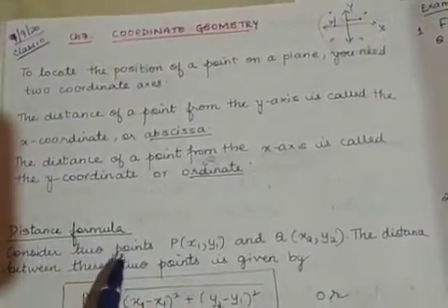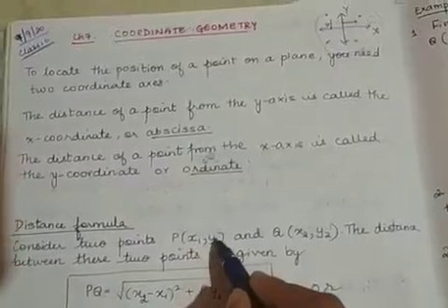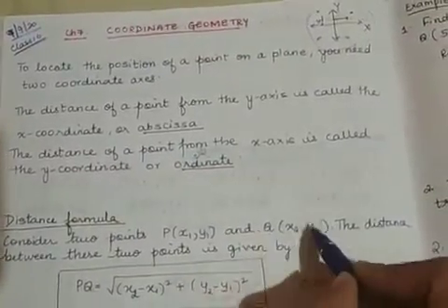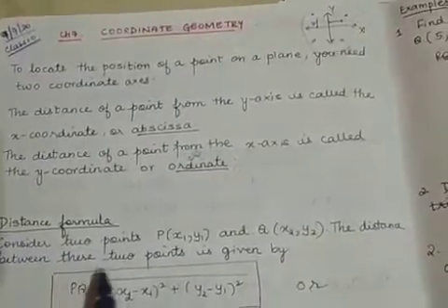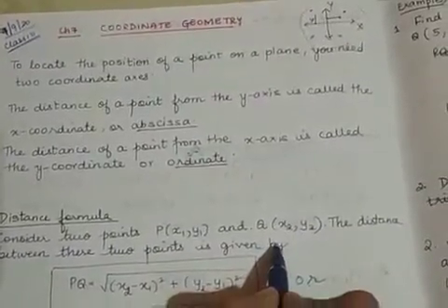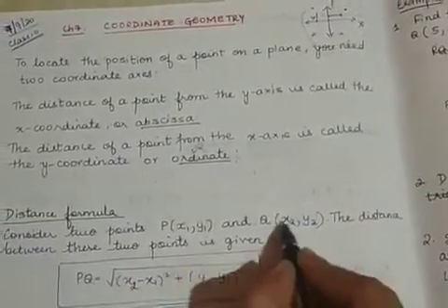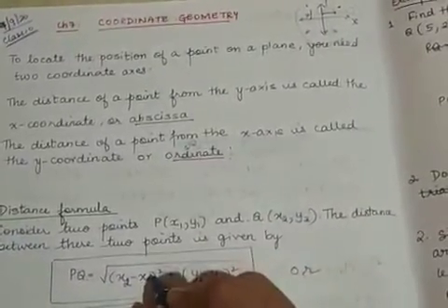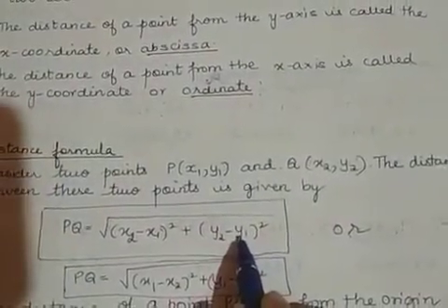Now let us consider 2 points on the plane, P with coordinates x1 and y1 and Q with coordinates x2 and y2. The distance between these 2 points is given by the formula PQ is equal to square root of (x2 minus x1) the whole square plus (y2 minus y1) the whole square.